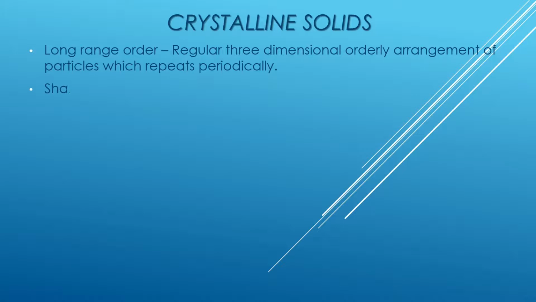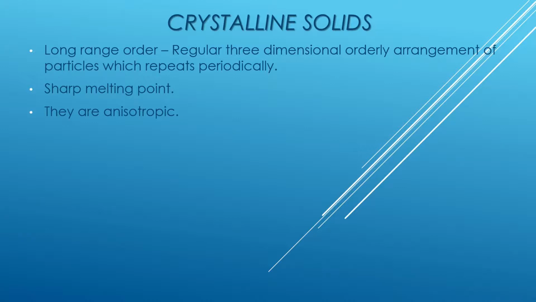Moving on, next point. It has a sharp melting point. It changes its state to liquid abruptly, not over a particular range, but it changes immediately. Crystalline solids are anisotropic. So let's know what anisotropic means.